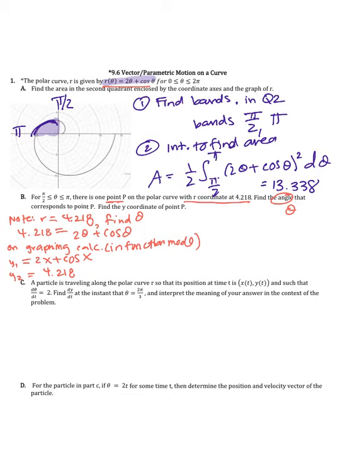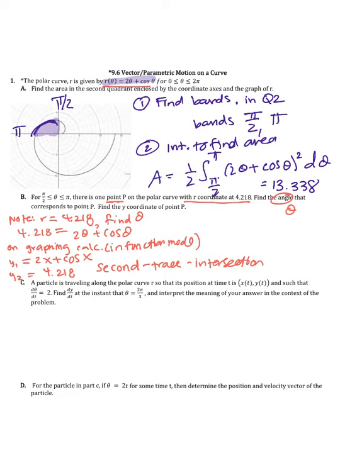You're going to graph both of them at the same time, so you should get a function and a line. Then you're going to hit second, trace, intersection, and that should give you the value that you're looking for, theta.